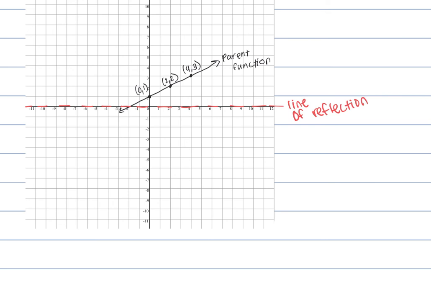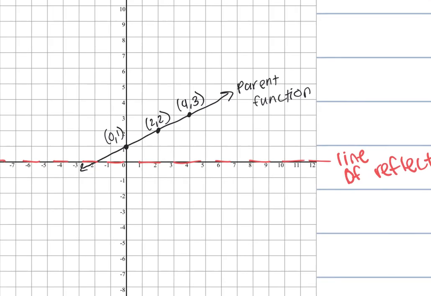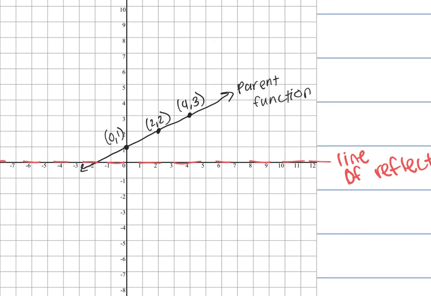Now, this is the part where I need you guys to pay attention. Every single point, we're going to reflect over that line. So this line is going to look the same, just reflected onto this side when we're done. So for every point, we have to find the distance it is from that line and move the other way across it.